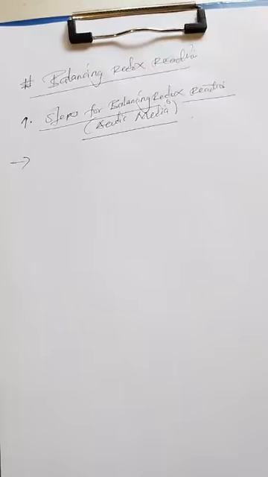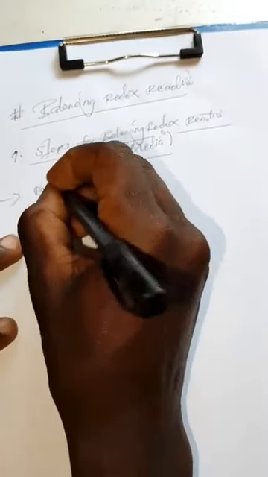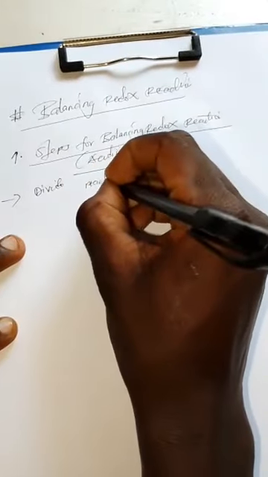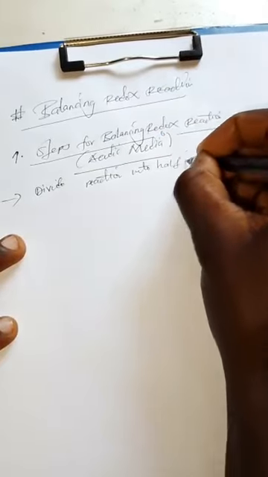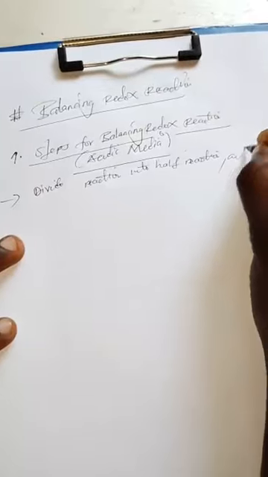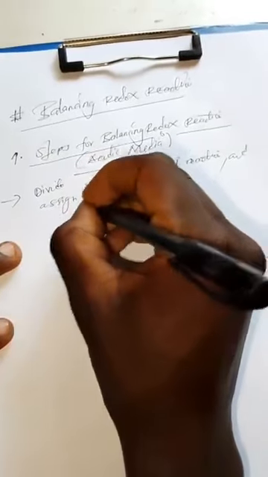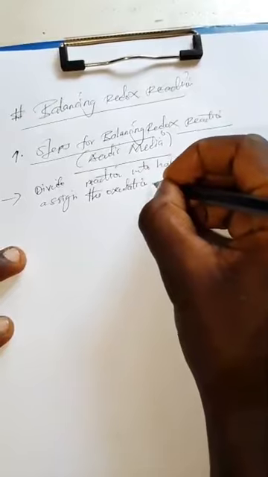Divide the reaction into half reactions, which you know now, and assign the oxidation numbers.